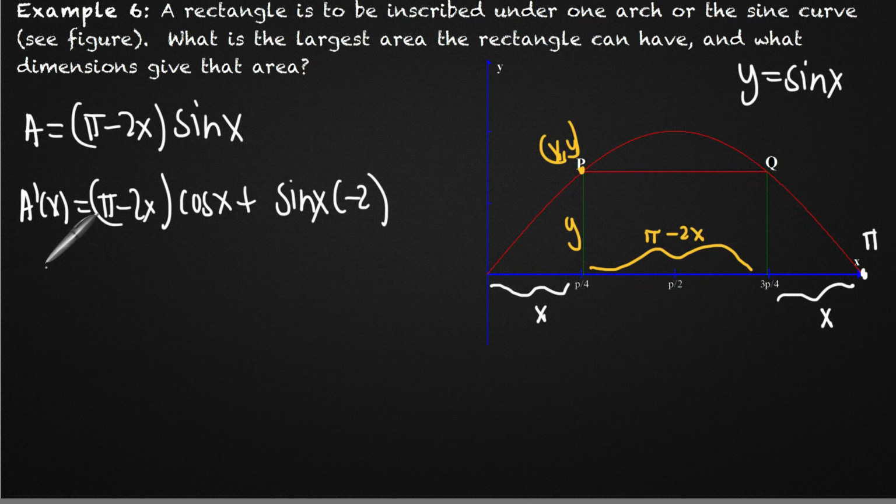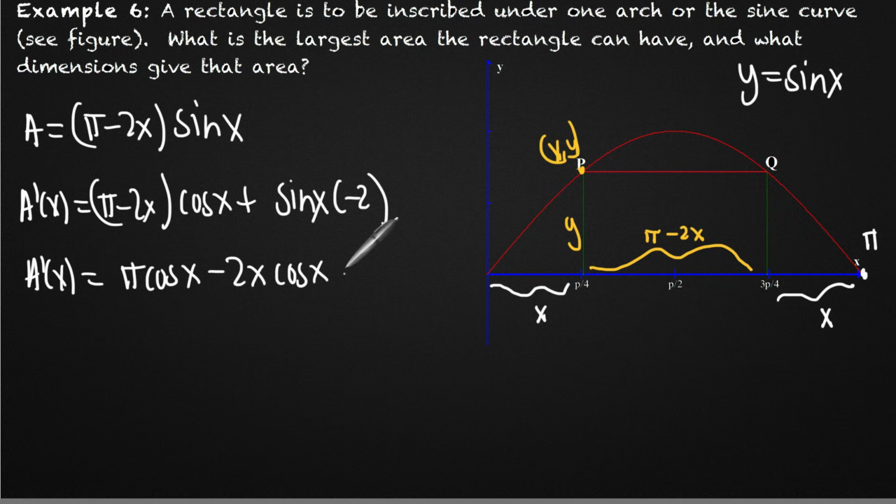All right, so now we have A prime of x equals pi cosine x minus 2x cosine x minus 2 sine x. All right, so we need to take that and set it equal to 0.